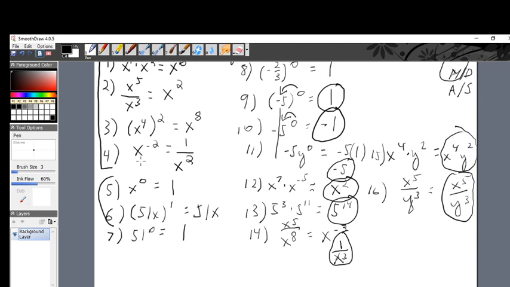Okay, so now, if we try something a little bit more complicated, which is very, very possible they're going to be throwing at us. What if they try this on us? Number 17: 5x to the negative 8, y to the second.